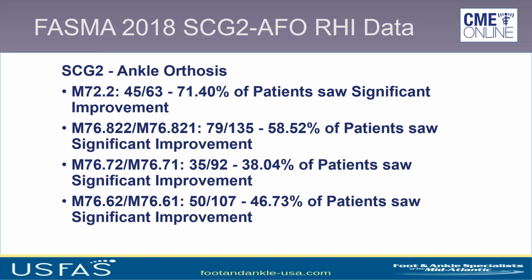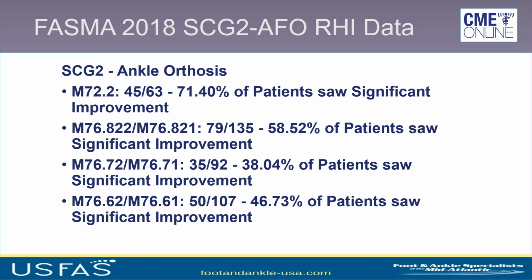We saw that with the patients who were counted in this measure, 71% of the patients saw significant improvement by us doing the measure in the RHI indicator. So if you do an RHI the first time, you can do the patient when you dispense the device, and then do the rapid health indicator when the patient comes back 30 days or later. Then we have the ability to gather this data.